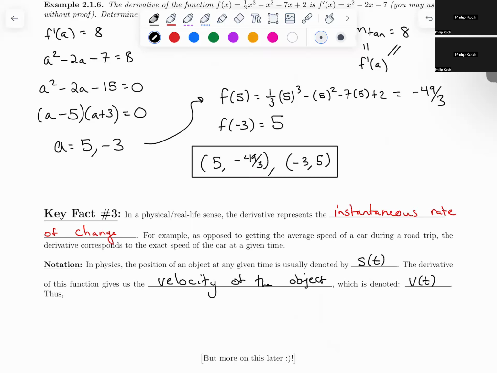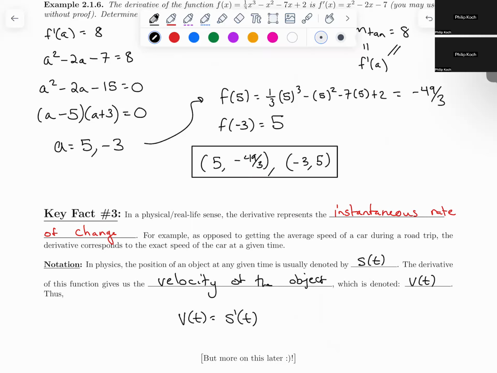P for position, v for velocity. You'd think so, but then again, it's a physicist. So burn on physicists. Anyways, since v is the derivative, v of t is s prime of t. So that's just an important little aspect about physics.